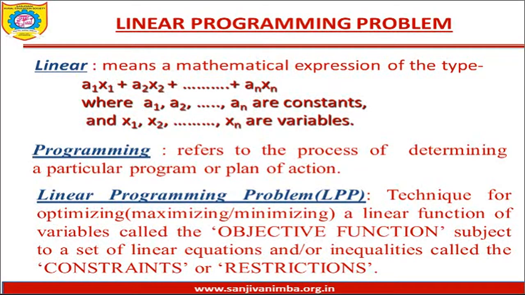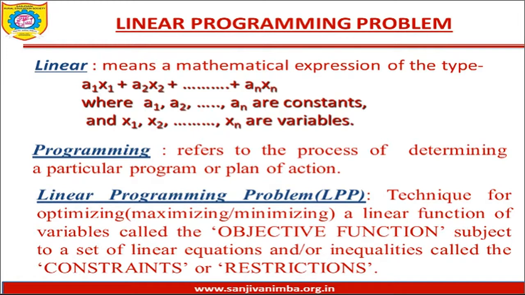Then, being a marketing manager, you will be expected to develop a strategy by which your maximum product of A, B and C would get sold in the different states, whereby your profits would be maximum. So, when you are being provided with such information, you have to develop a strategy, and for solving such kind of problems, you can use linear programming problem.